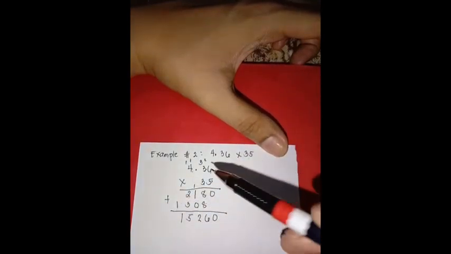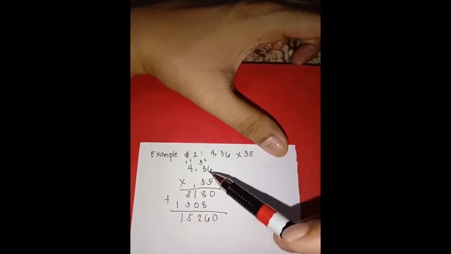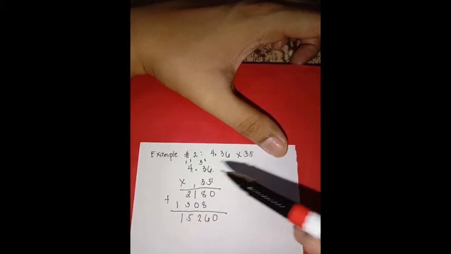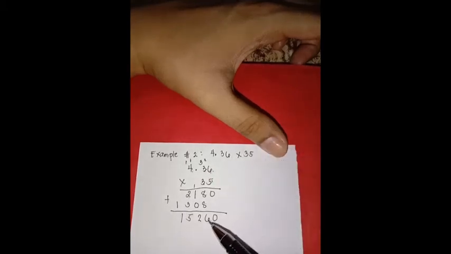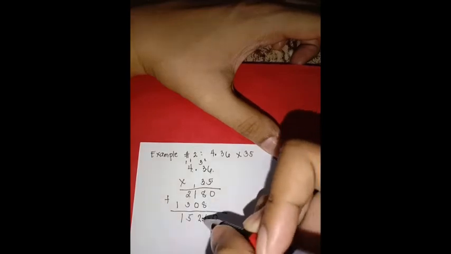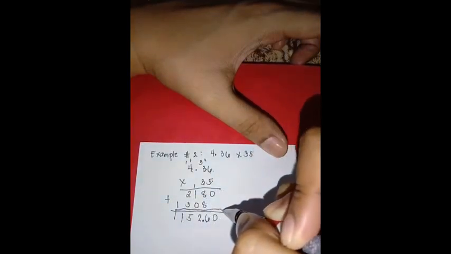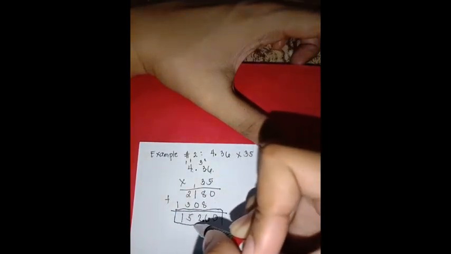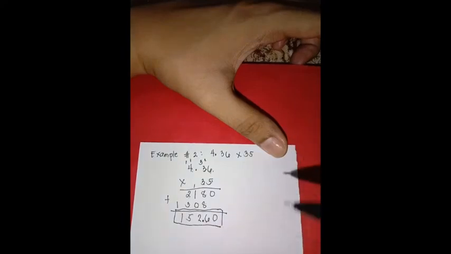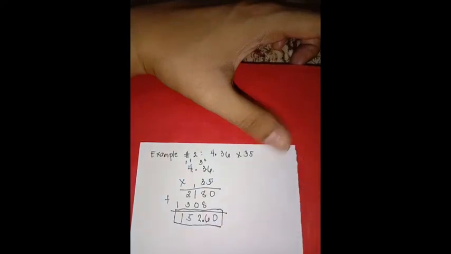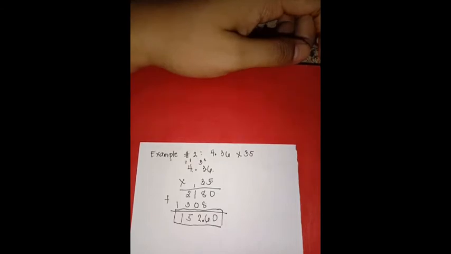And since ika-count lang natin yung decimal places, we have here 2. So 1, 2. So lalagay lang natin dito yung decimal point. So therefore, our final answer or the product here is 152 and 60 hundredths. So yon, example number 2.